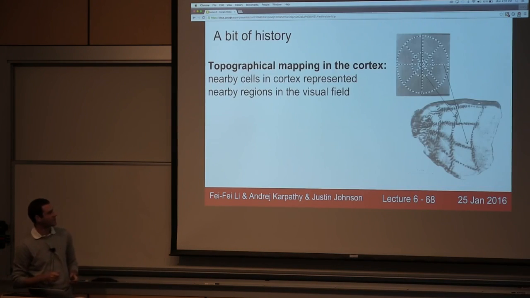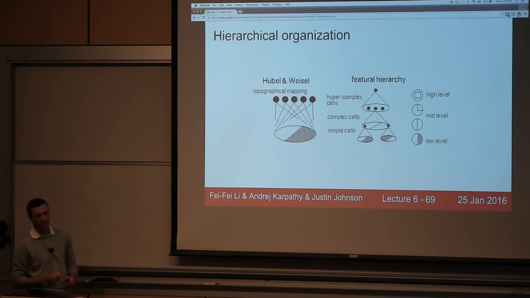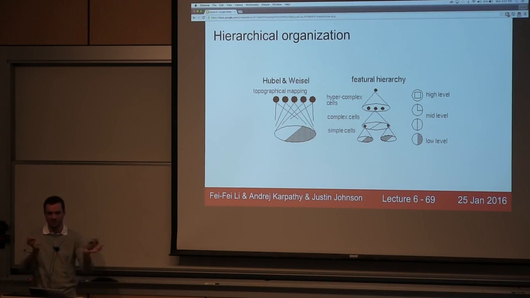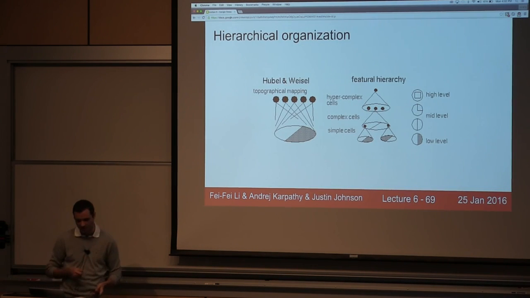And so they hypothesized through all of these experiments that the visual cortex has this kind of hierarchical organization where you end up with simple cells that are feeding to other cells called complex cells, etc. And these cells are building on top of each other. And these simple cells in particular have these relatively local receptive fields, and then we're building up more and more complex kinds of representations in the brain through successive layers of representation.